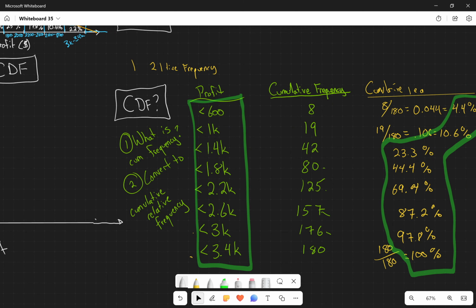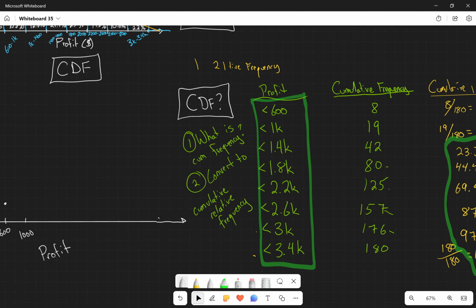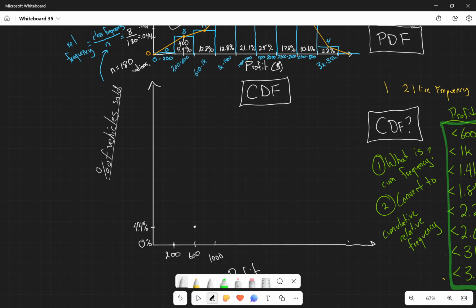It is the 19 out of 180, it is 10.6%, less than 1,000. And then we keep going. The next one is at 1,400, and this one corresponds to something like 23%.